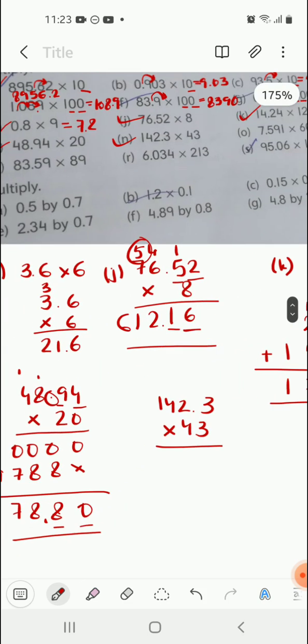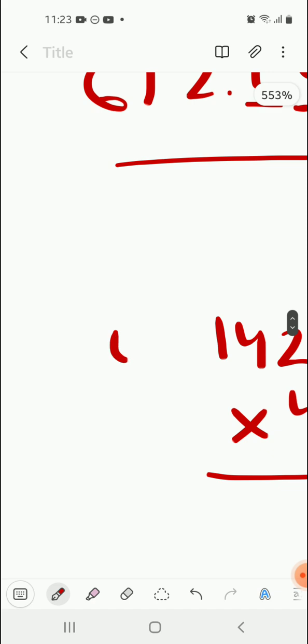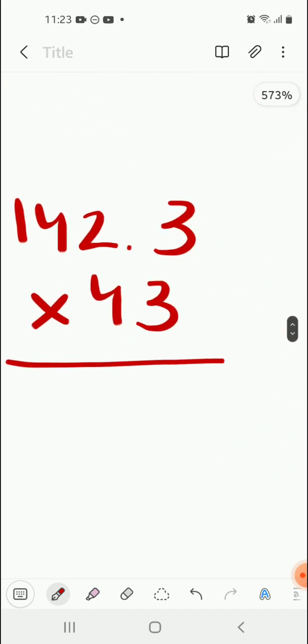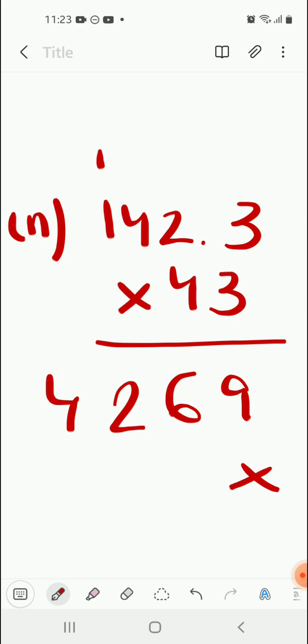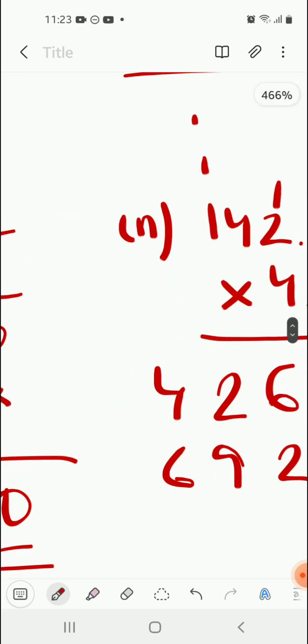Okay, so this was number N. Simply multiply. 3 into 3, 9. 3 into 2, 6. 3 into 4 is 12. 3 into 1 is 3 plus 1, 4. Moving on to the next part. 4 into 3, 12. 4 into 2, 8 plus 1, 9. 4 into 4, 16. 4 ones are 4 plus 1, 5.